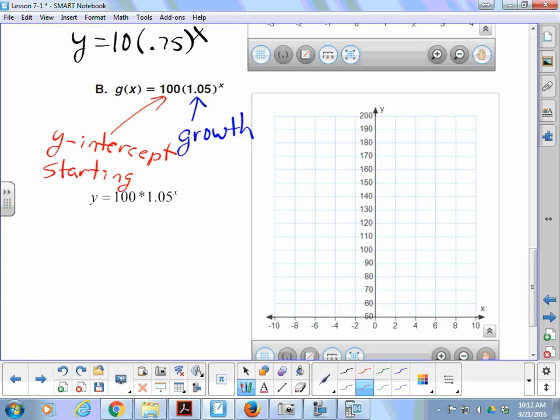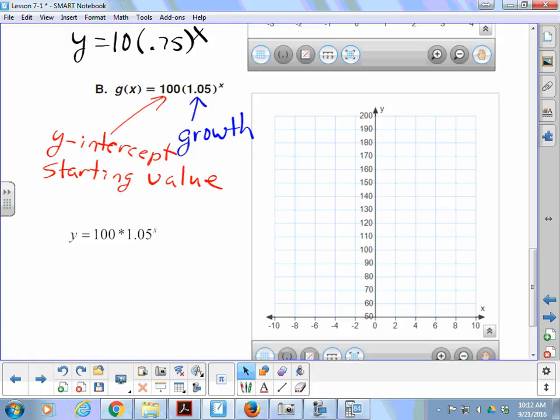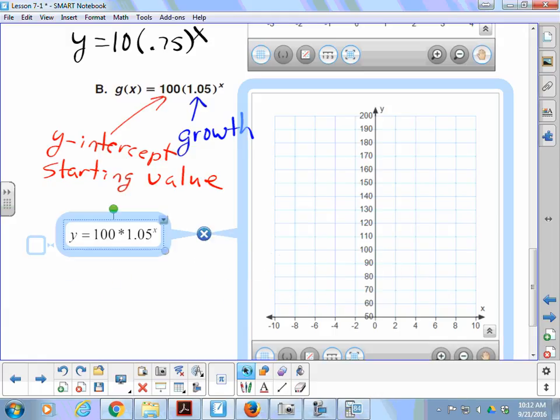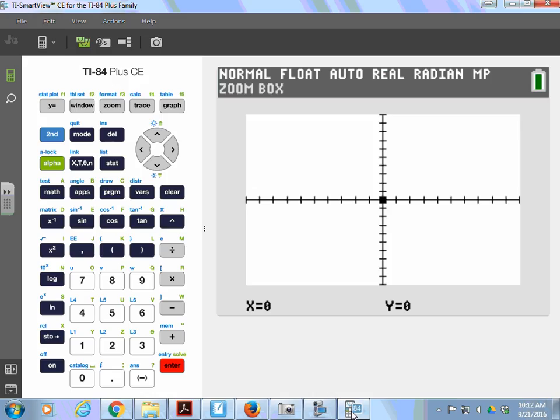So it's like the starting value on the y-axis. The reason you can't see it is because the graph is starting at 100 and going up from there. On my screen here, we can see that the y-intercept is 100 and it's getting bigger as it goes to the right. So how do I make it so I can see that on my calculator?